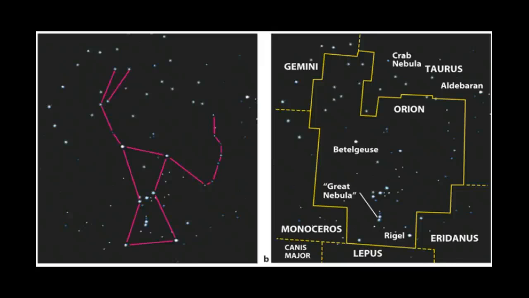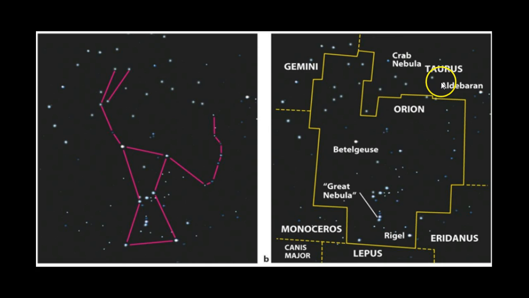Now, they refer to the groupings or star formations themselves as asterisms, A-S-T-E-R-I-S-M-S, asterisms. Also write that in your notes. So what we may refer to as constellations like Orion right here on the left, astronomers refer to as asterisms.